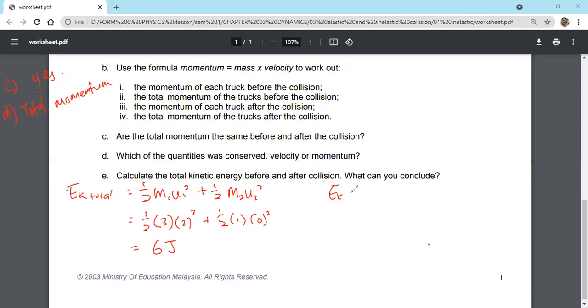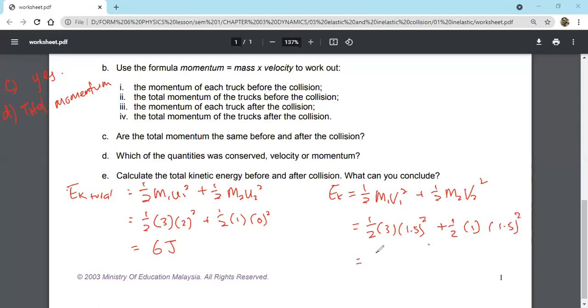Okay, EK after is equal to 1/2 m1 v1 squared plus 1/2 m2 v2 squared. So this means 1/2 times 3 times 1.5 squared plus 1/2 times 1 times 1.5 squared.